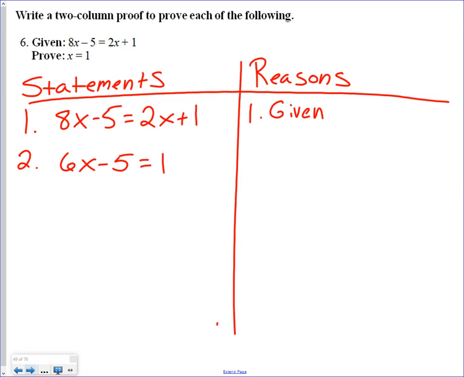You do not need to show, like we would usually write minus 2x under each, you do not need to show that, that is not a step, right? You don't have to show it, you can just write what your next step is. Given this statement, how do we know this one must be true?